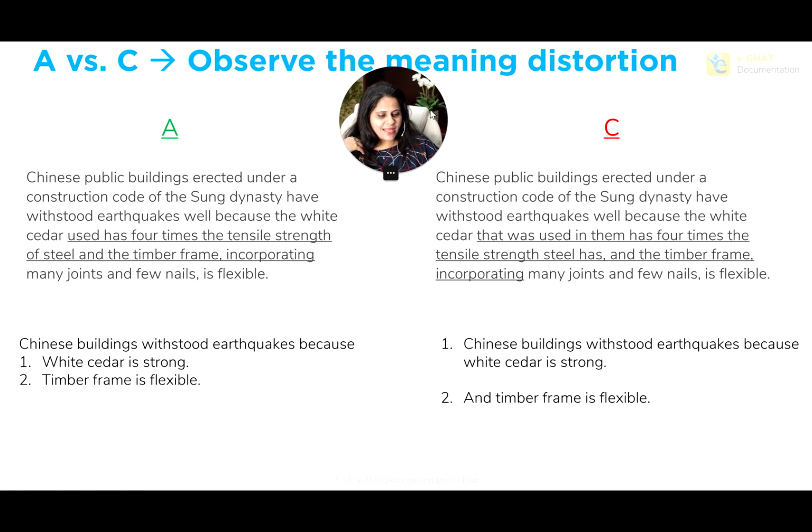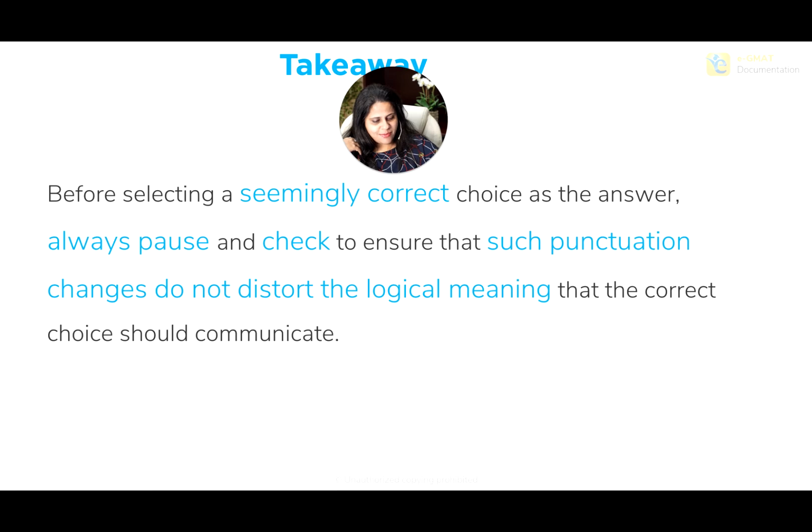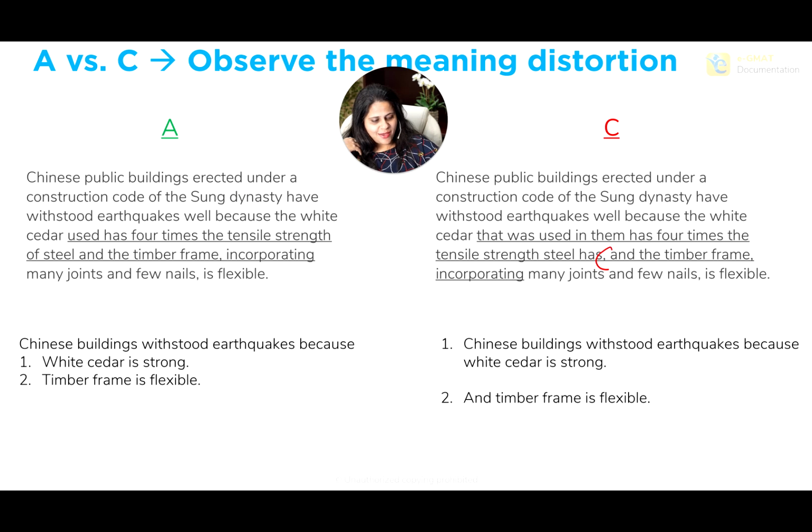And all of that has happened because of this pesky little comma that has been added, and because you failed to see the impact that comma has had on the structure of the sentence, thereby on the meaning that choice C communicates. Why did that happen? Because you were so marveled at the consistency of this comparison over here, and you totally ignored that comma.